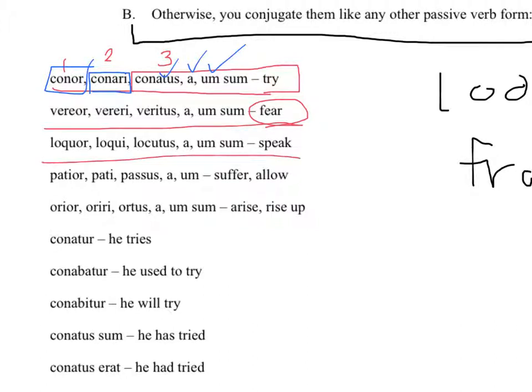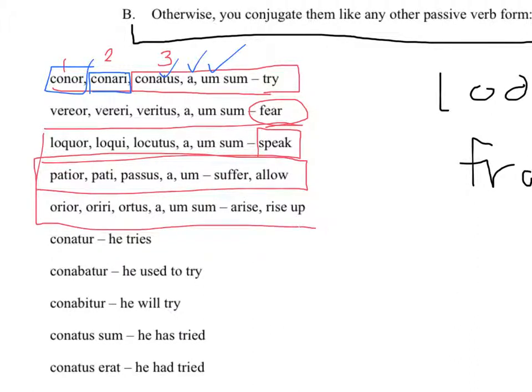Same thing, instead of I am spoken, or he is spoken about, it translates as speak: loquor, loqui, locutus, locuta, locutum sum. All the forms appear to your eye as if they were passive. The principal parts right there all look passive, and yet the verb is translated as if it were active. Looks passive, translates active.